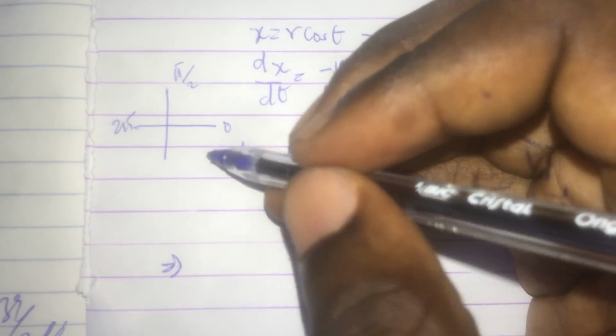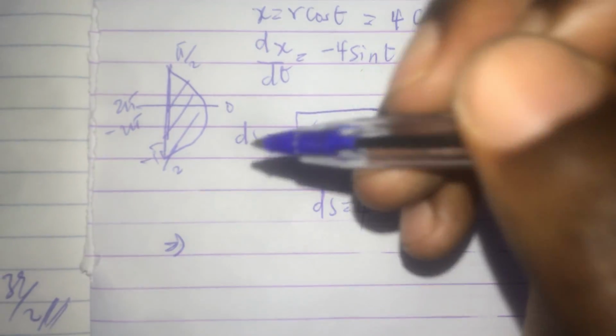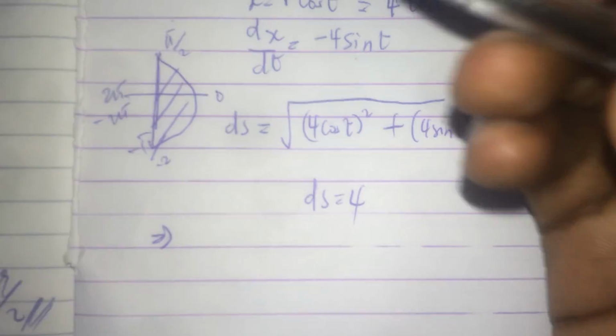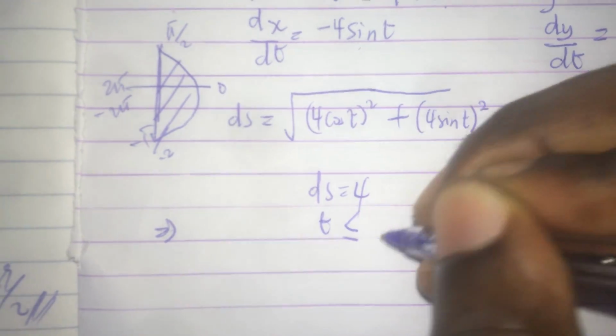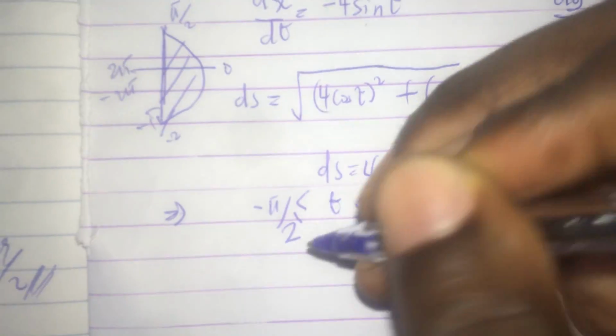In the other direction you have minus pi to minus 2 pi. So this is the right half of the circle. So the limit is from minus pi on 2 to pi on 2. So we have our t between minus pi on 2 and pi on 2.